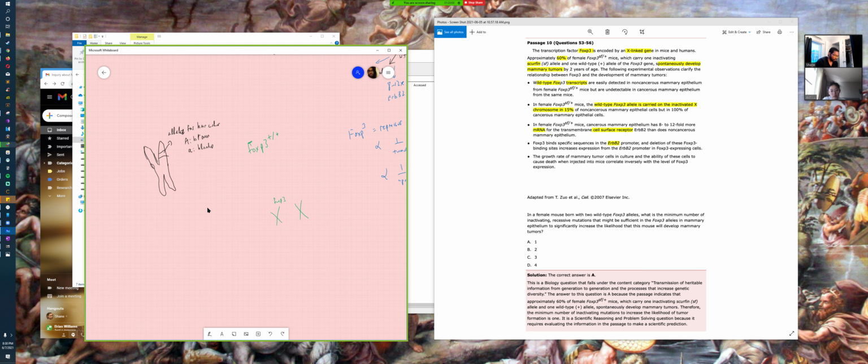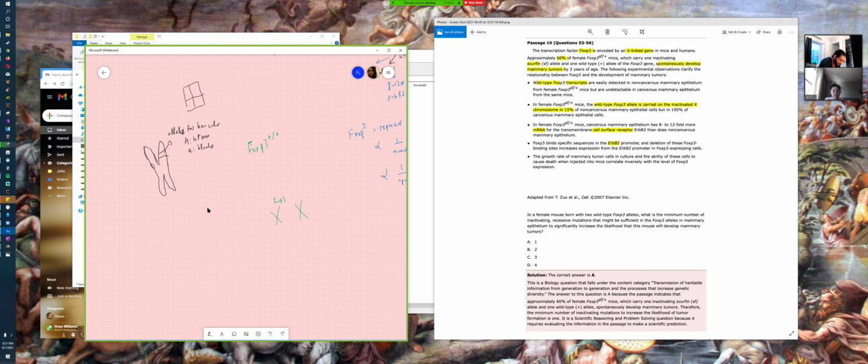So also when you're dealing with Punnett squares, let's say that capital A is brown, little a is blonde, and capital A is dominant.